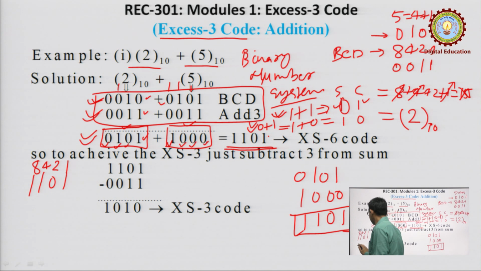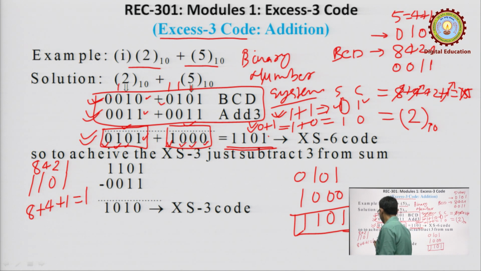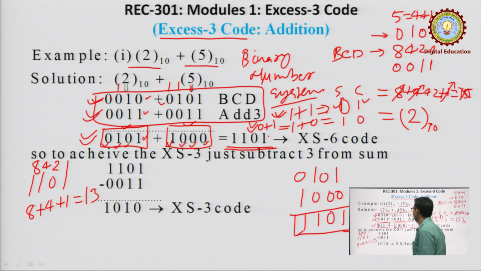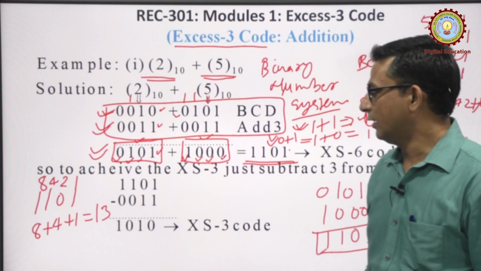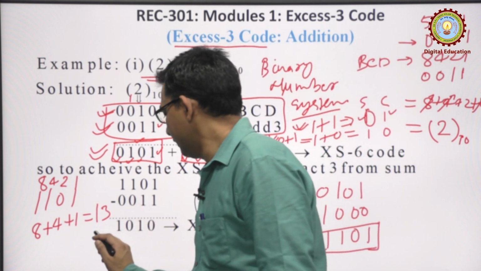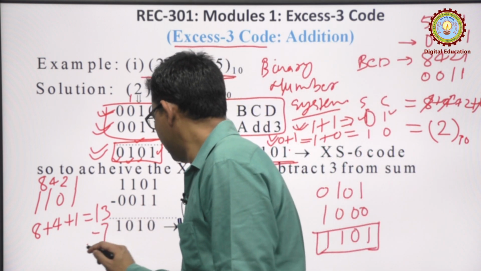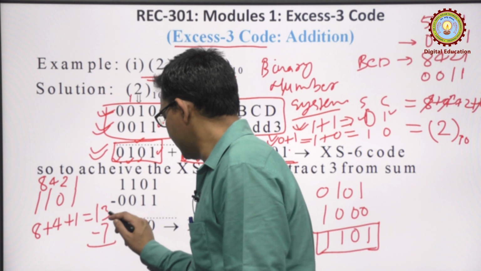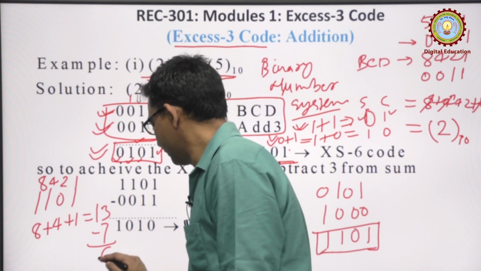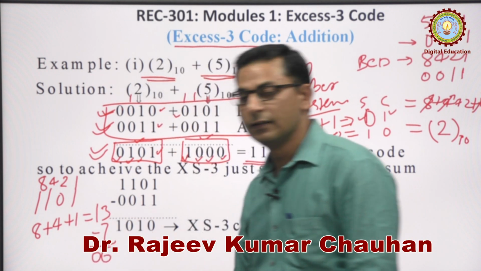So, from here we can see 8 plus 4 plus 1 is equal to how much? 13. Okay. While we know 2 plus 5 for the decimal number system is 7. So, if we subtract 7 from 13, then how much is this? This is 6, 0 6.